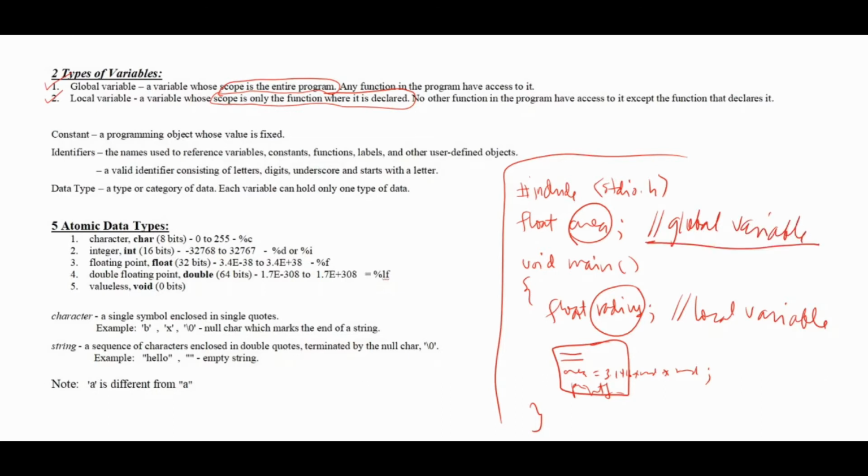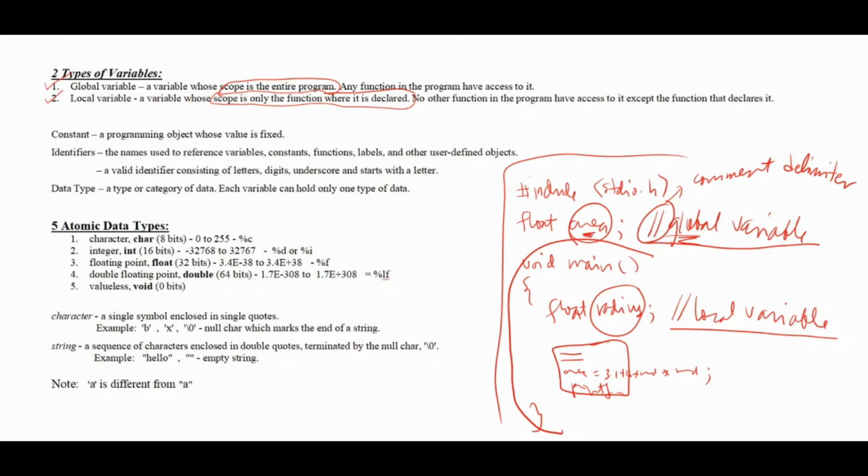A single line comment. So that is the delimiter for a single line comment. This is global because it is declared outside of any function. In this program, we only have one function, the main function.